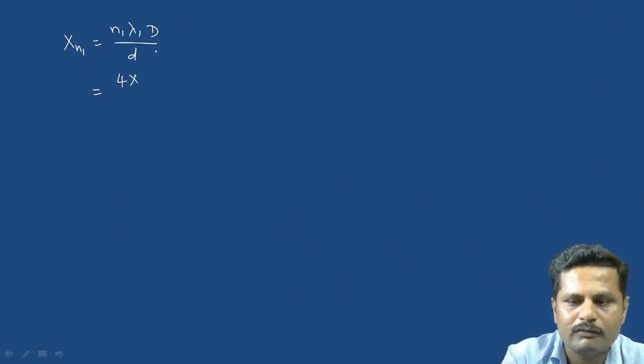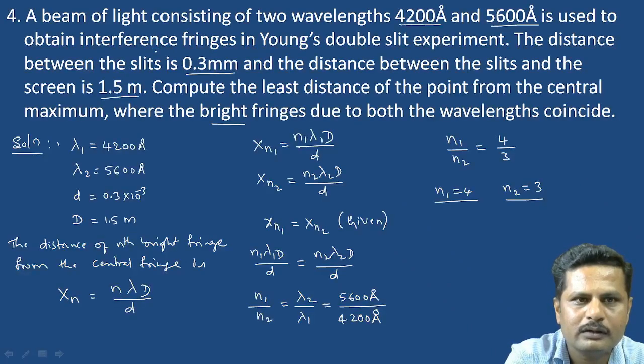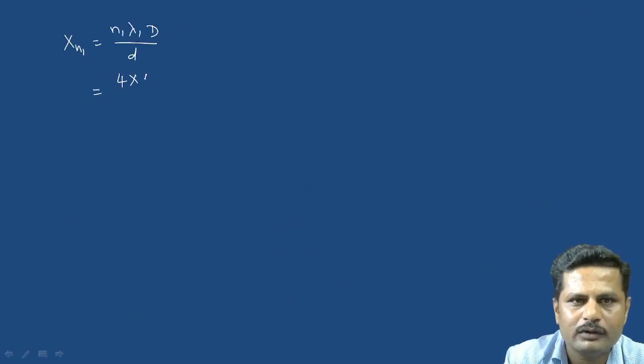Lambda is equal to 4200 angstrom, that is 10 to the power minus 10, and capital D equals 1.5 meter, divided by small d, that is 0.3 millimeter.